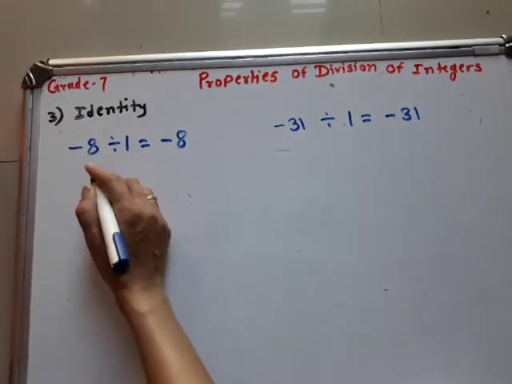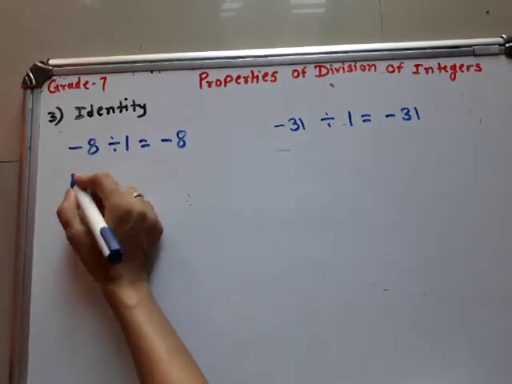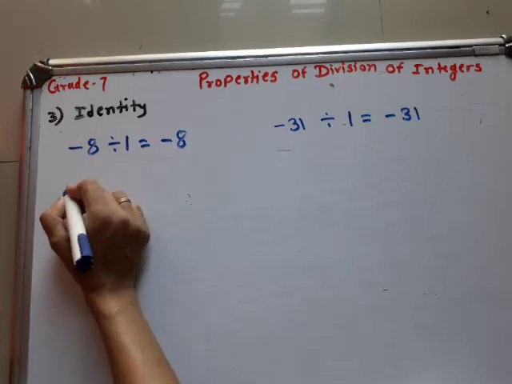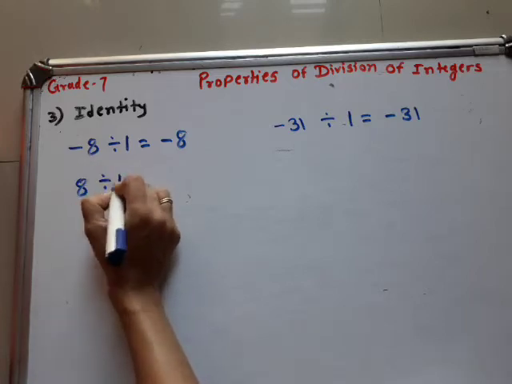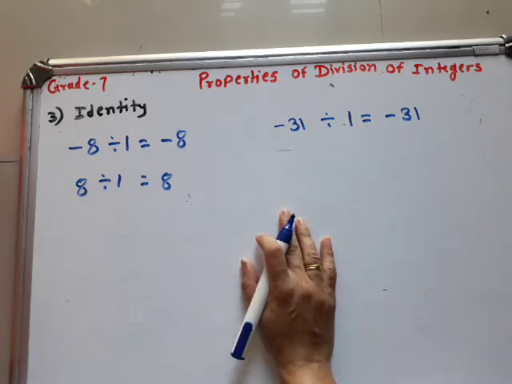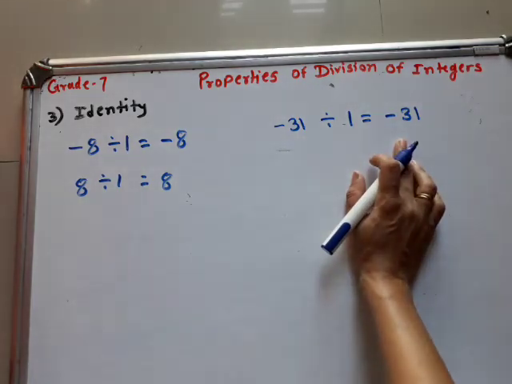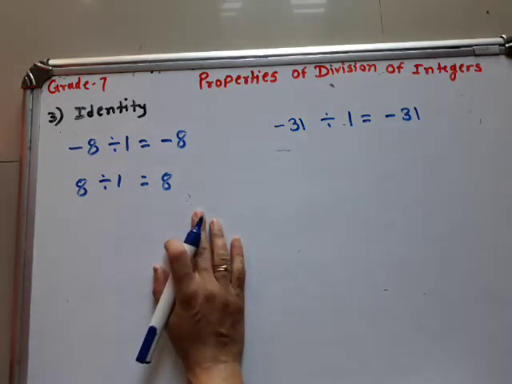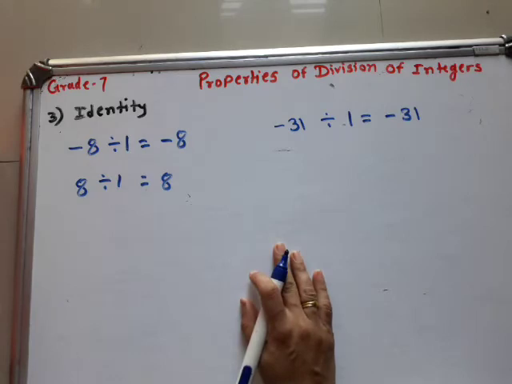Next, suppose your number is 8 divided by 1, we get the same answer again. These show that a negative integer divided by 1 gives the same negative integer, and any integer divided by 1 gives the same integer again.